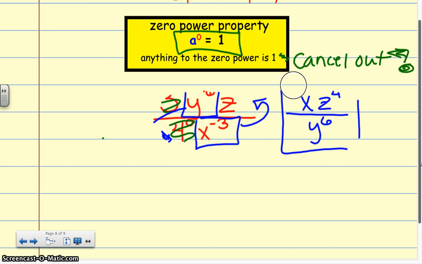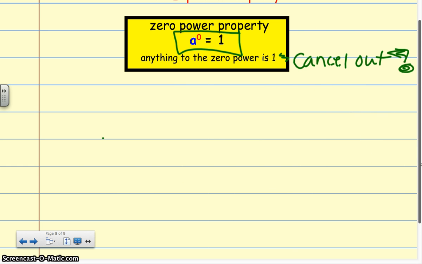All right, we're going to do one more example. Let's say I had 5 to the 0, x to the negative 3, y to the 0, z to the negative 9. And I wanted you to simplify that.